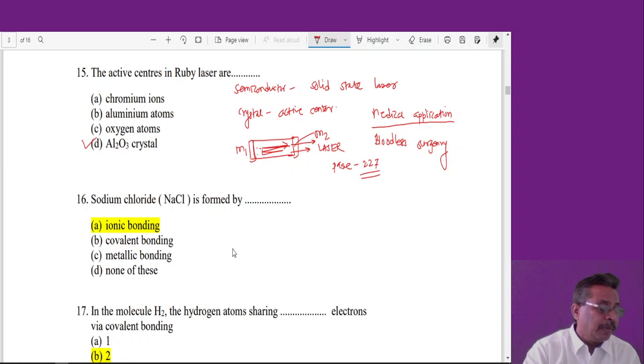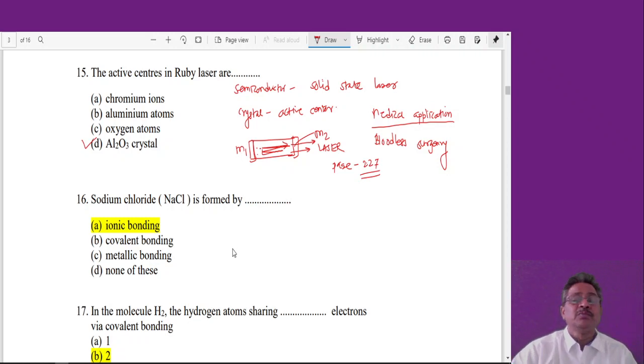Then pumping level, pump transitions, these are some technical words. And what are the different types of applications of lasers. So, all these things can be studied very nicely once we go for this entire exercise. The applications of lasers and the summary of this chapter can give you confidence, and you can solve very easily all the numerical as well as the small MCQ questions asked over this chapter number 2, that is laser and laser applications.